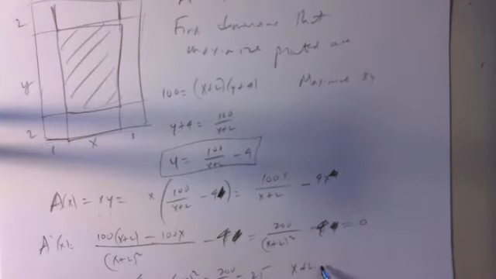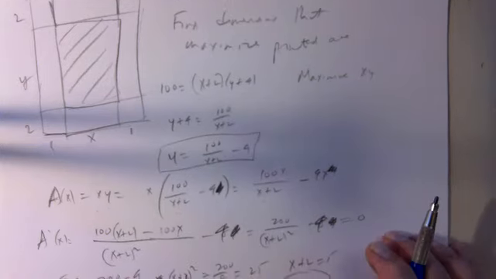So x plus 2 is 5. So x is equal to 3. And when x is equal to 3, y is 100 over x plus 2, 5, minus 4. 100 over 5 is 20, minus 4 is 16.